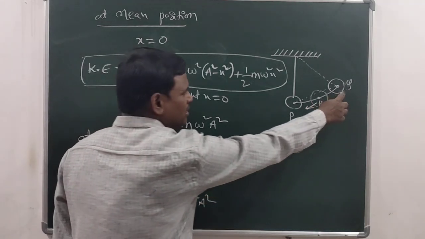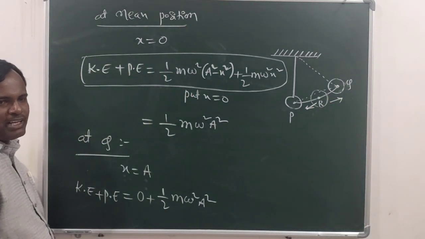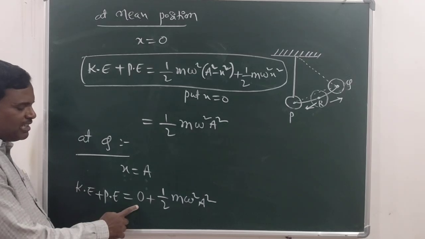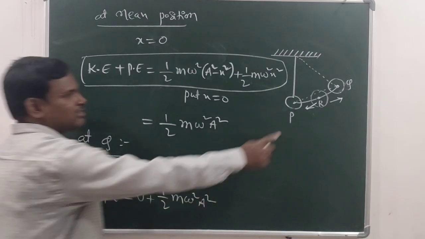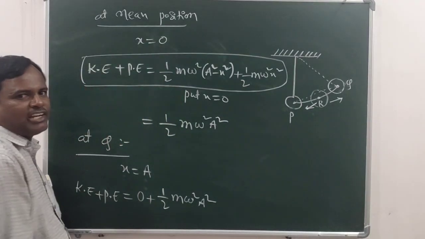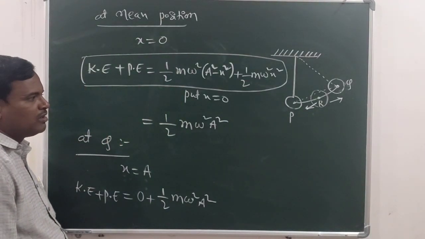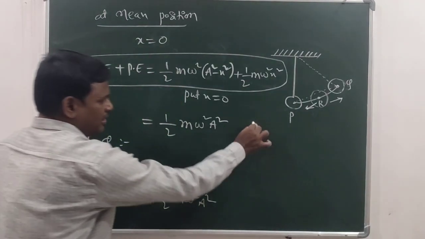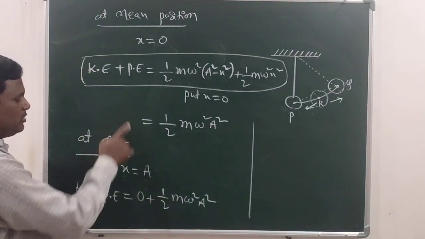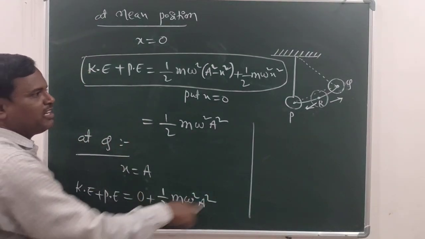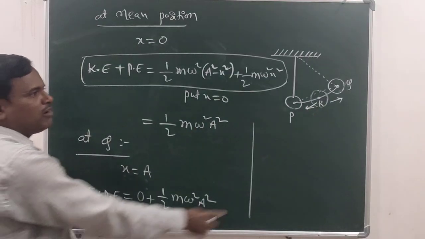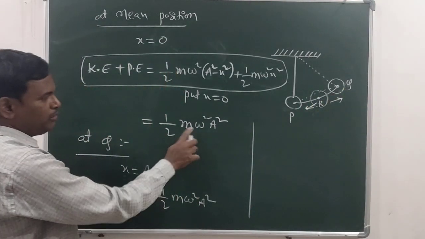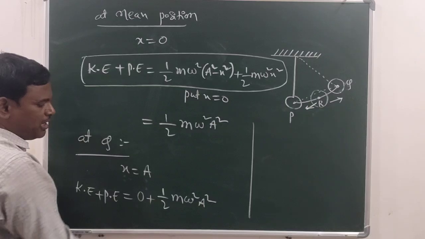Now when you go to the maximum displacement, their kinetic energy is getting 0. There that bob will have only potential energy. Okay? Right. Now here both energies are constant. Whichever energy you found at mean position, same energy you have got at Q. See, 1 by 2 m omega square a square, 1 by 2 m omega square a square.